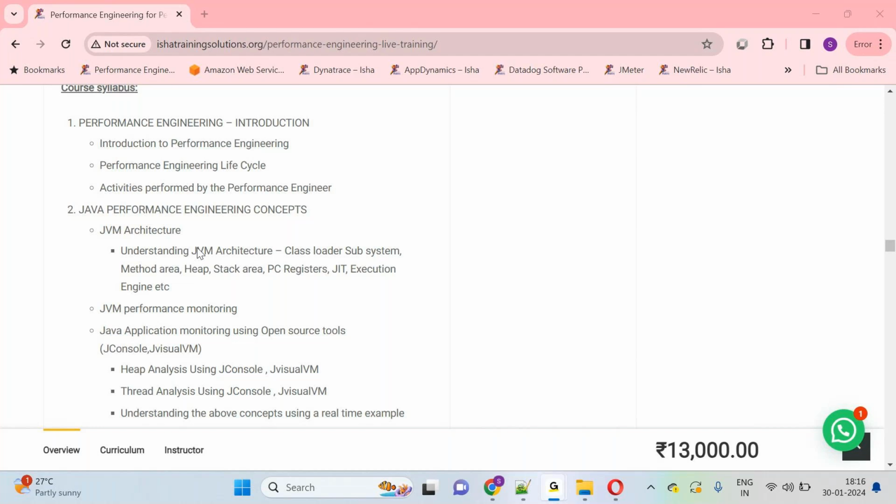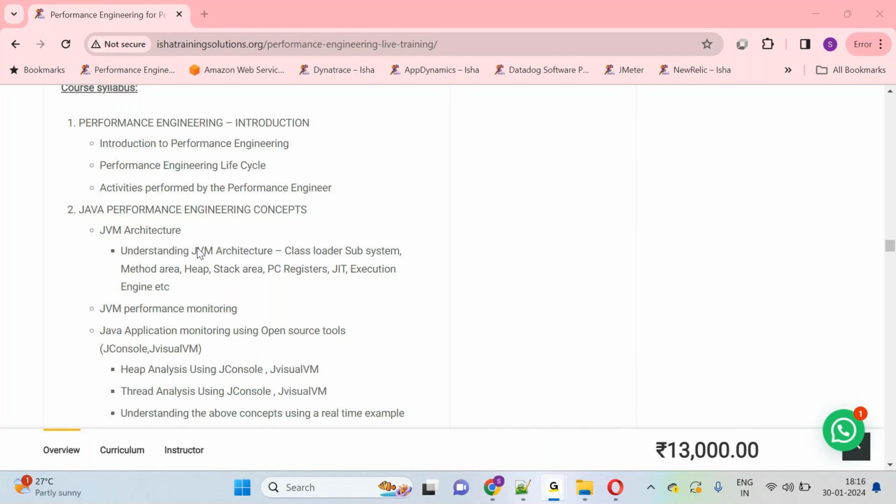And one more thing, except for the Java and .NET part, the other things like database concepts, infrastructure concepts, or client side concepts are all common across the stack.